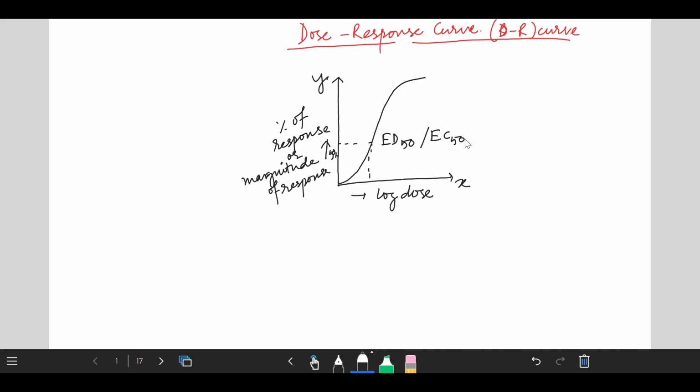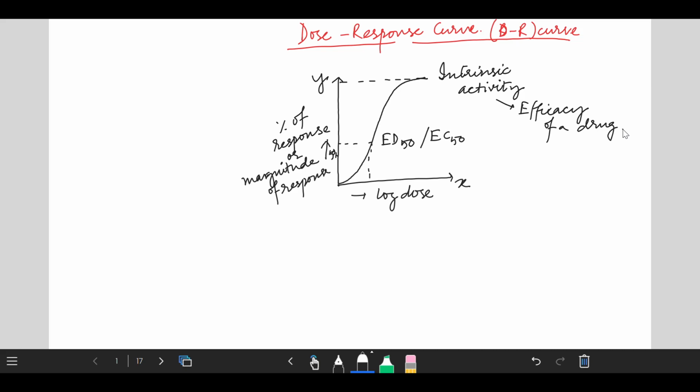Now this point is known as intrinsic activity, which is used to denote the efficacy of a drug. Clear?